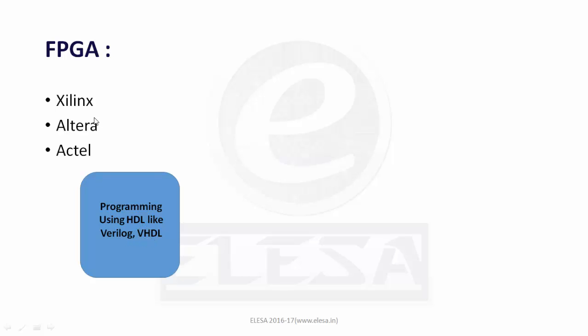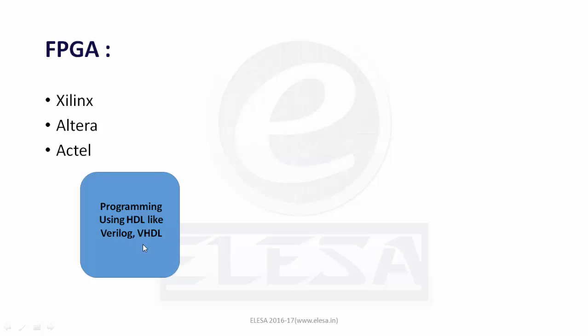If we talk about Xilinx, it provides you the ISE software, Xilinx 14.2 or 13.2 you might have known. In this software you can write your logic using a hardware description language like Verilog and VHDL.